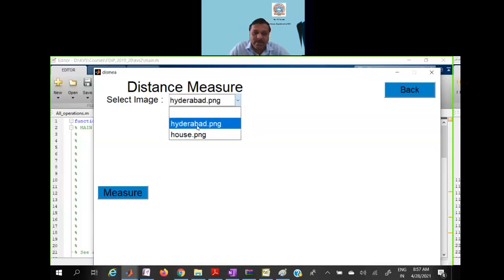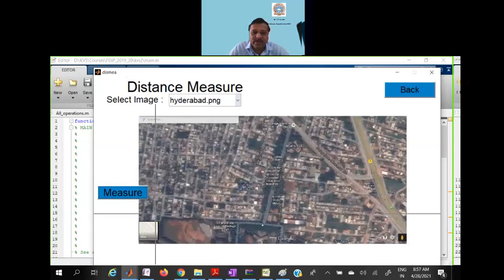So for example, I'll just read an image. Even though the name of the figure is Hyderabad, actually this is your campus. I hope you can recognize this is the SIT campus. What you notice here is the Infinity Road that you are talking about.